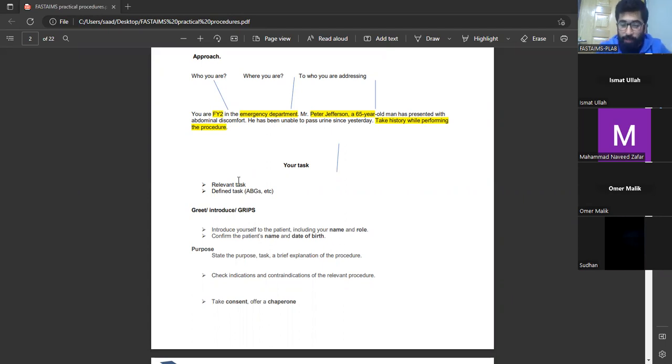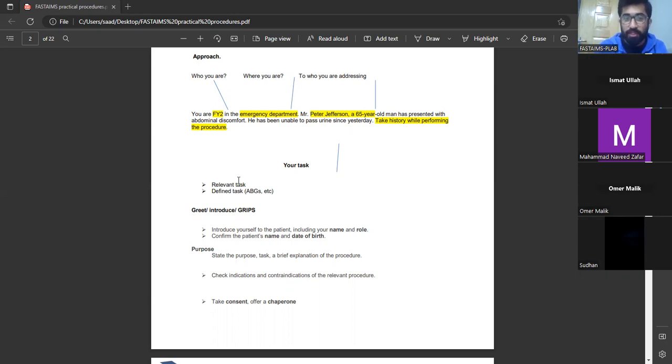Let me give you an example. For example, if it's urethral catheterization and it's written outside that you have to perform a relevant task, some knowledge will be given outside the cubicle in the question, that the patient has not been able to pass urine for the past 24 hours. So it is likely understood that there is a problem with passing urine.